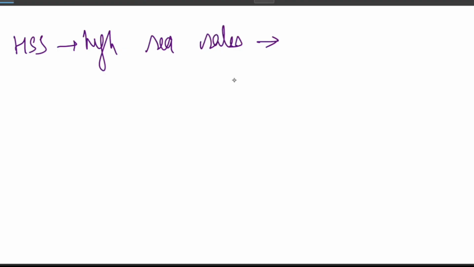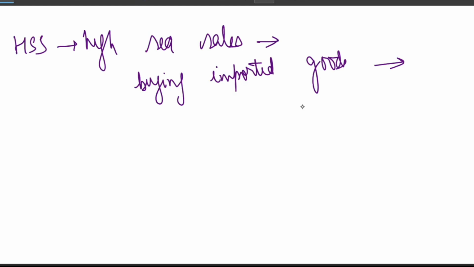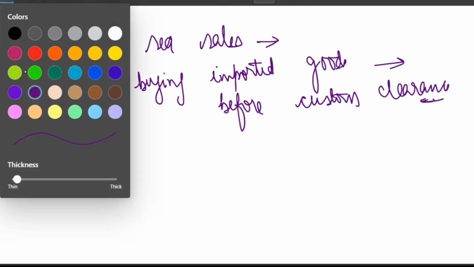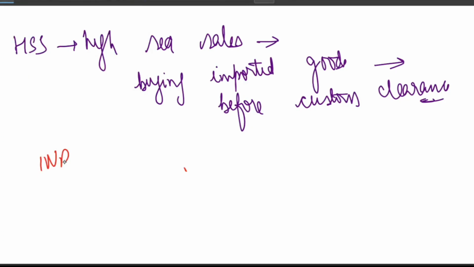It means you are buying imported goods before customs clearance. So even though you pay in INR, these goods are originally imported. Even though you are paying in Indian rupees, these goods are originally imports.